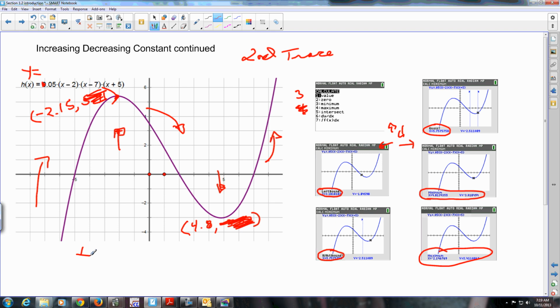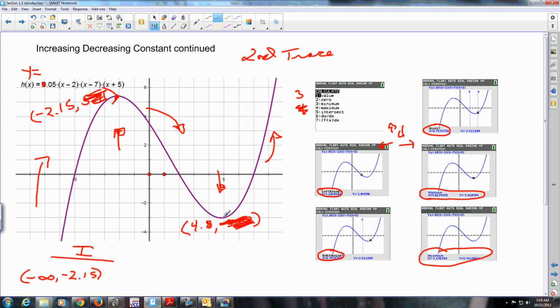So if it helps you, scribble out the y values so you only focus on the x values. So the intervals where it's increasing, you're going from negative infinity up to negative 2.15. And it's a paren because you don't include that endpoint. You don't include the point where it turns.